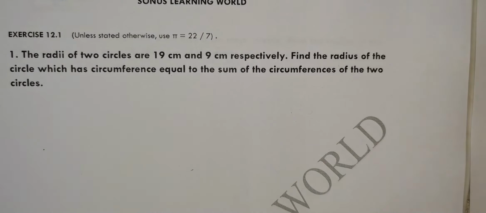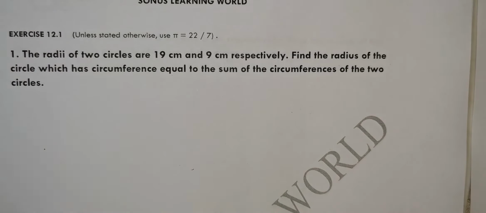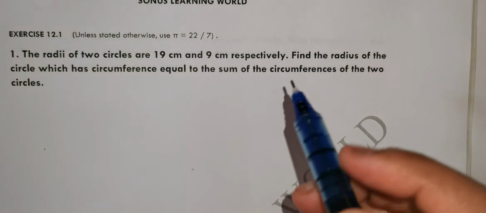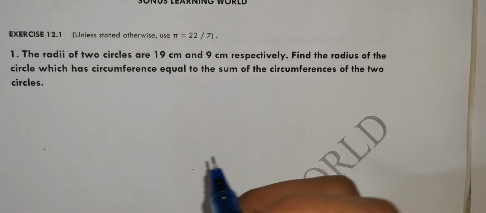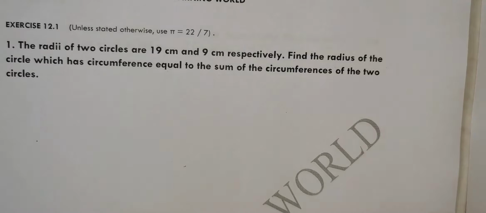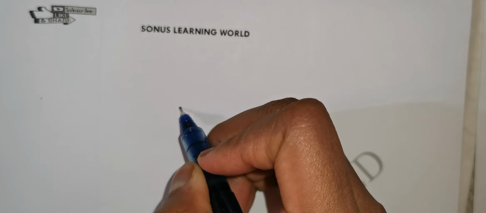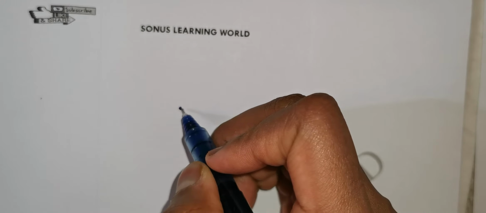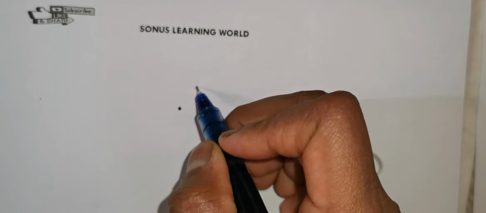That is the question. So what is the radius of a circle? All of you may know this. First, what is a circle, students? A circle is a collection of points at an equal distance from a particular point. So this is our particular point and we are taking equal distance.